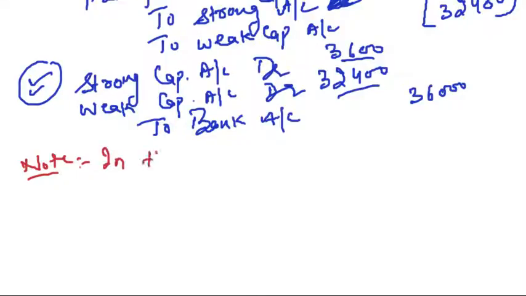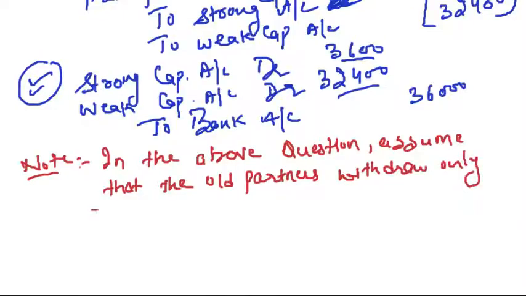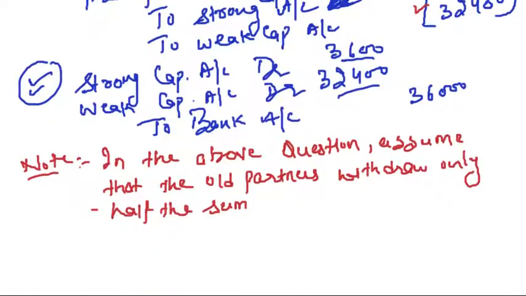In the above question, assume that the old partners withdraw only half the sum. That means old partners are withdrawing only half of what they are getting. That means they are withdrawing only half of this 3,600 and half of this 32,400. So what will be the journal entry then?